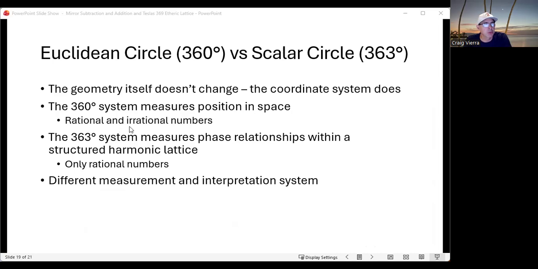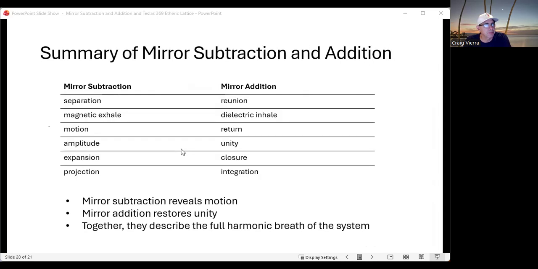It uses rational and irrational numbers. The 363 system measures phase relationships within a structured harmonic lattice. And I was showing you that lattice only uses rational numbers. It's not using irrational numbers. So this is a different measurement and interpretation system.